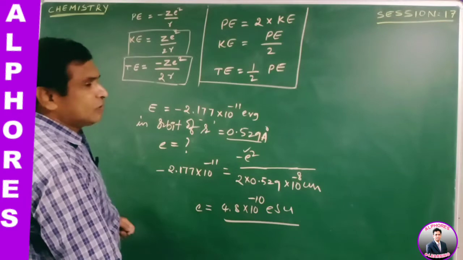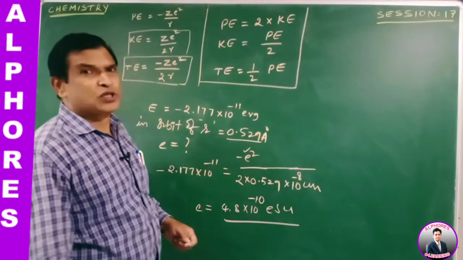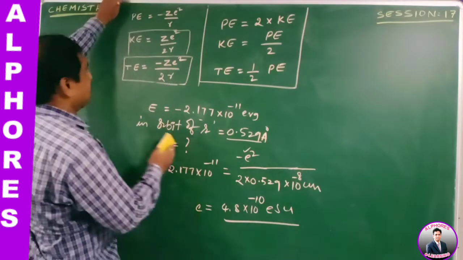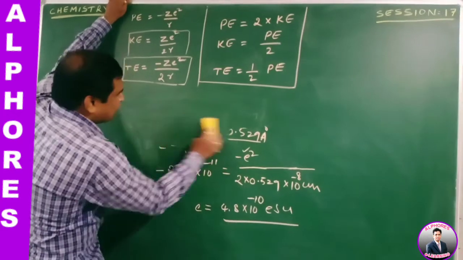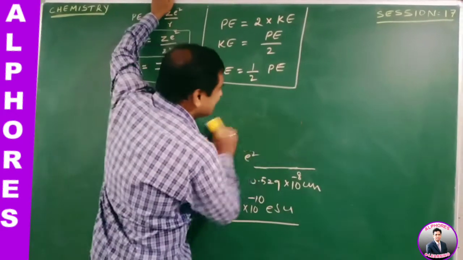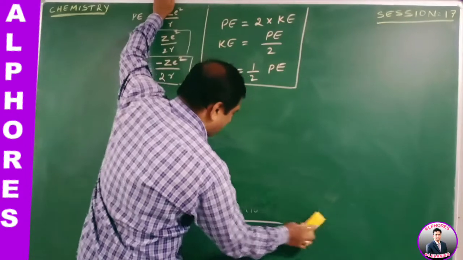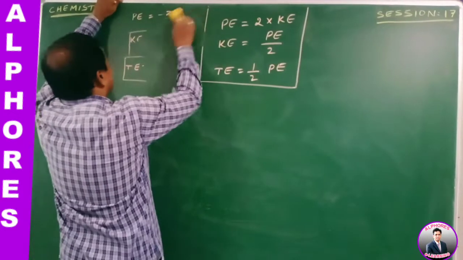Now let us go into the velocity of the electron. Velocity of the electron in any orbit is given by a formula. What is that formula?